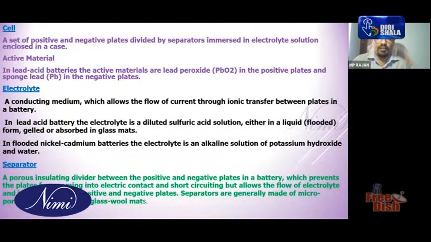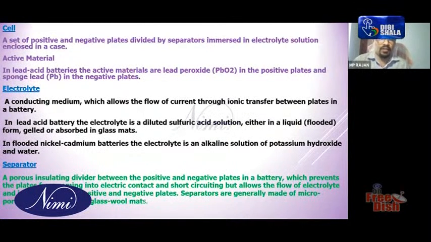Separator is already explained. It is an insulating device, an insulating material, separating the positive plate and negative plate. Between each positive and negative plate, there will be one separator. The specialty of the separator is that it should be porous. It should not allow the contact of positive plate and negative plate, but it should allow the flow of electrons or ions through the separator.